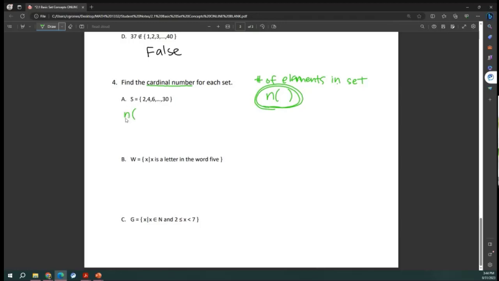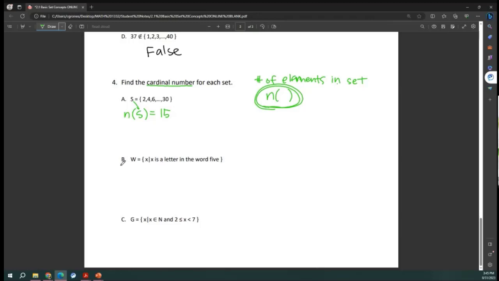So I'm going to use the little n and then parentheses, and the S is in the parentheses because that's the name of our set. And the cardinal number of this set S equals 15. Yes, correct.